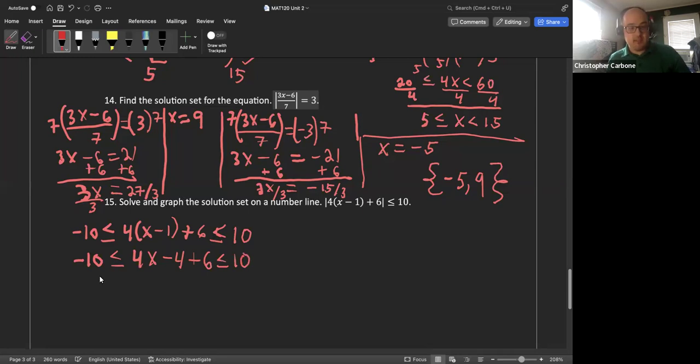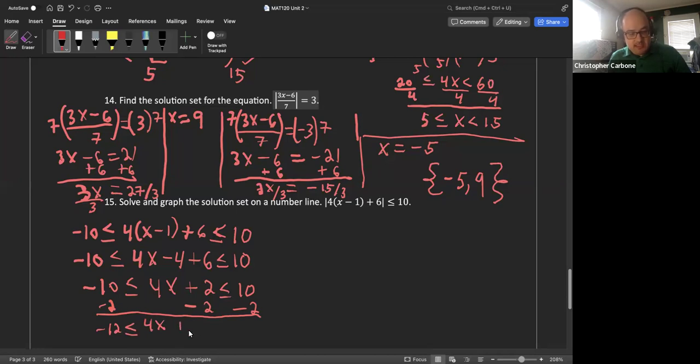The negative 4 and the 6 combine, yeah? This makes negative 10 is less than or equal to 4x plus 2 is less than or equal to 10. And now we could subtract 2 from all three sides. Right, so this makes negative 12 is less than or equal to 4x, which is less than or equal to 8.